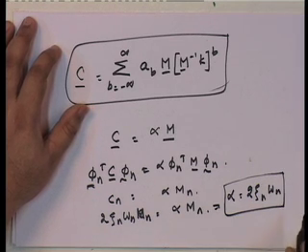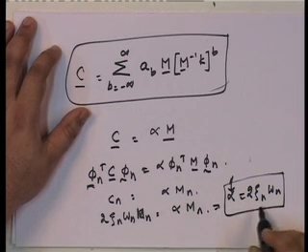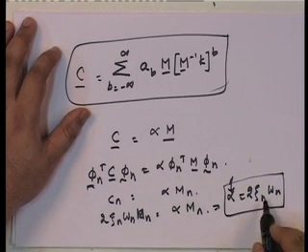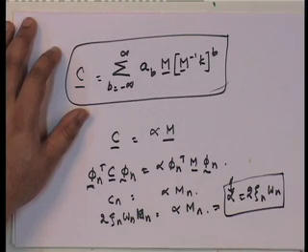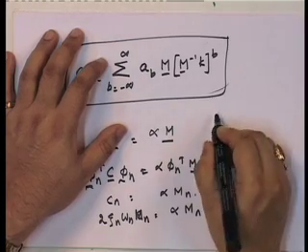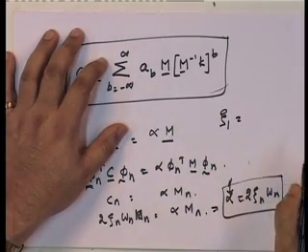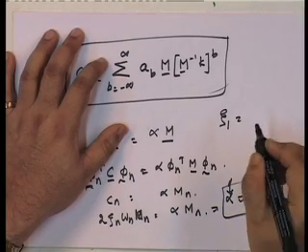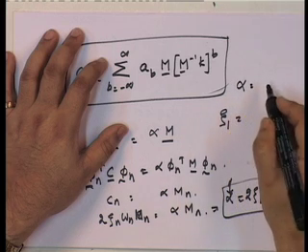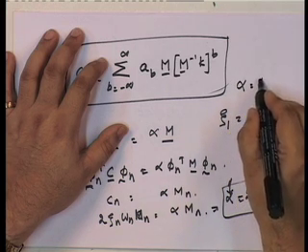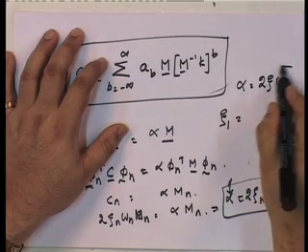Note something very interesting, and that is that there is only one alpha. So, there is only one mode for which it will be valid. Therefore, I could say that alpha is equal to 2 xi omega 1.